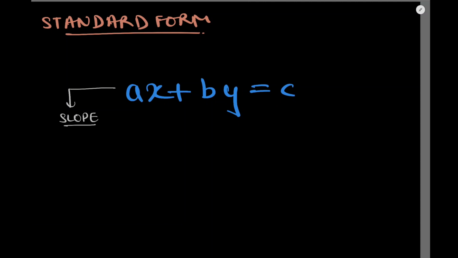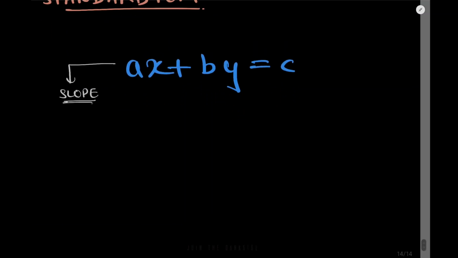Pause the video. Now I hope you got the answer. If you have got slope as minus a by b and the y-intercept as c by b, then right you are, and you can move on ahead. But if you're stuck, well, I'm here for you.